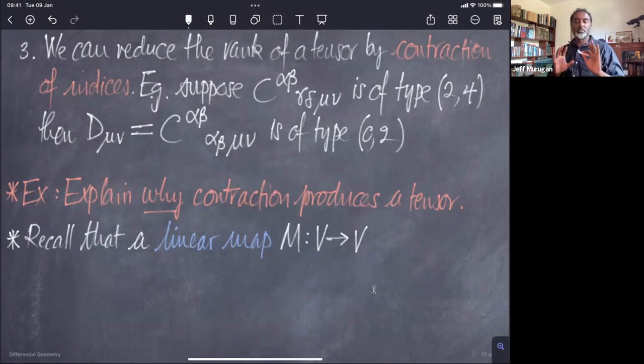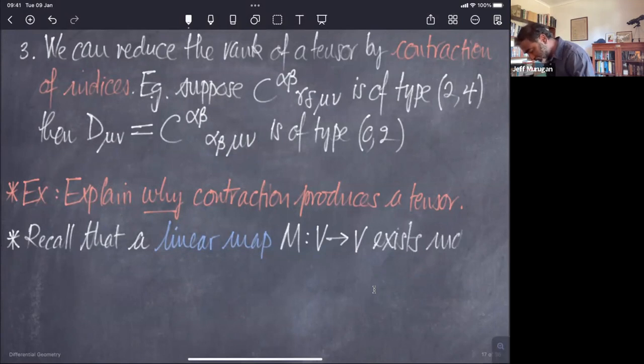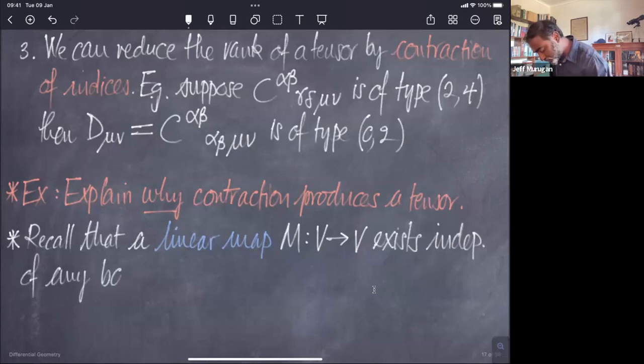I can just tell you how to map elements of the vector space to other elements of the vector space. They don't need a basis in order to work. So it exists, let's say, independently of any basis on V.